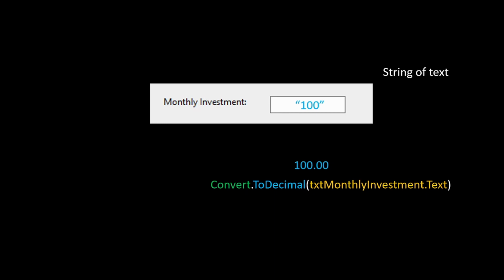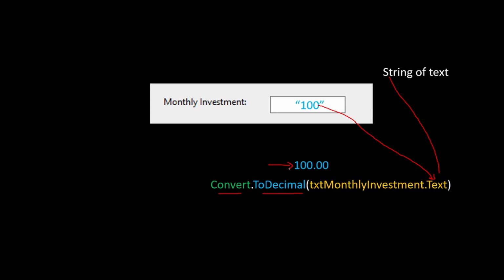And then because I'm passing this text as my argument into my ToDecimal method, it's calling the Convert class here. Using ToDecimal, I'm converting to a decimal from a string. The result of that is now a decimal number that I can use inside my code calculations.